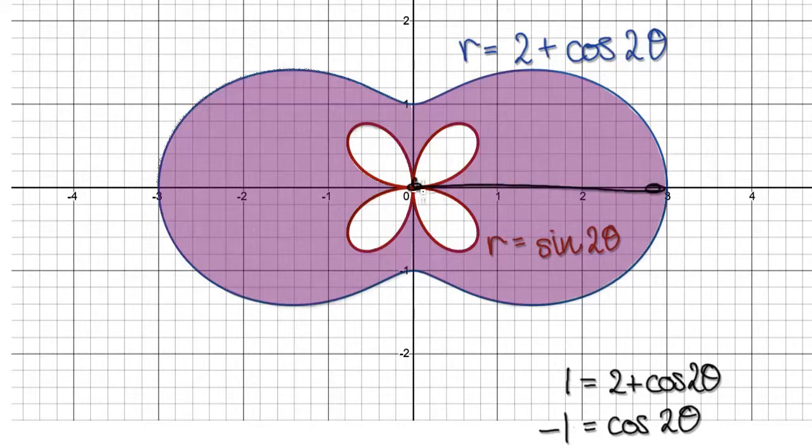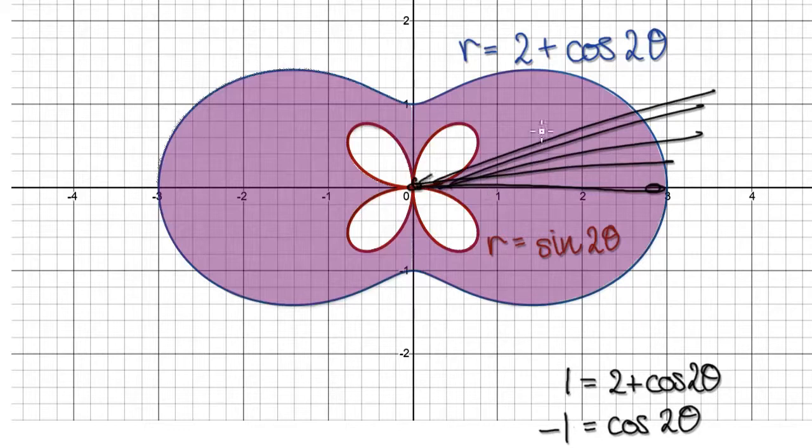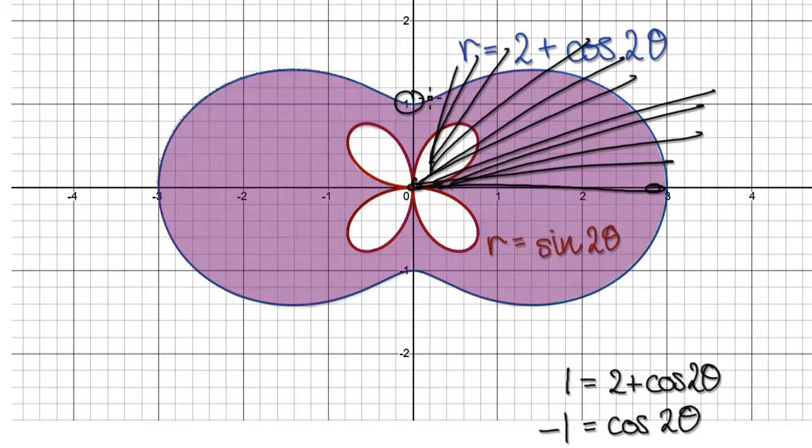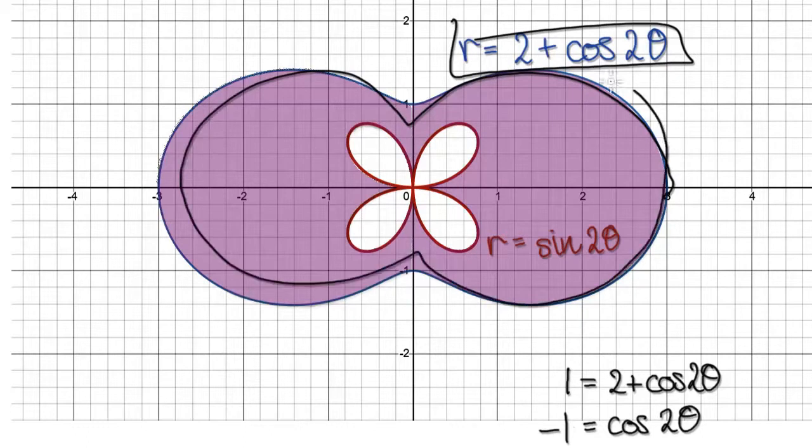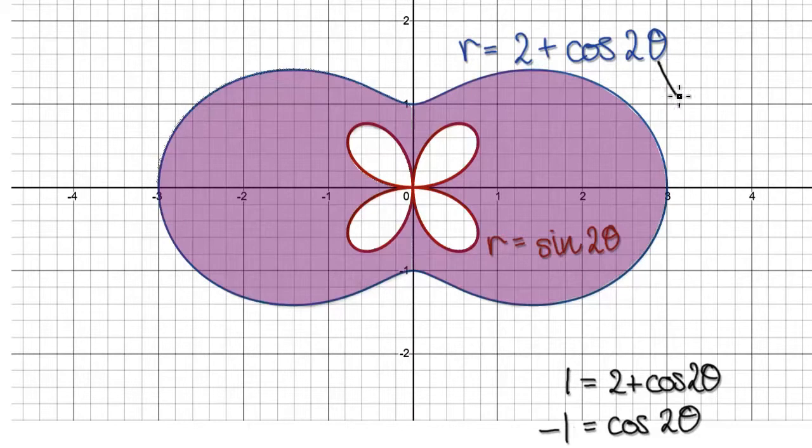So it's moving around like this, and we need to work out at what angle will the radius be 1. Because by looking at this, for all we know, this could have done 3 revolutions.